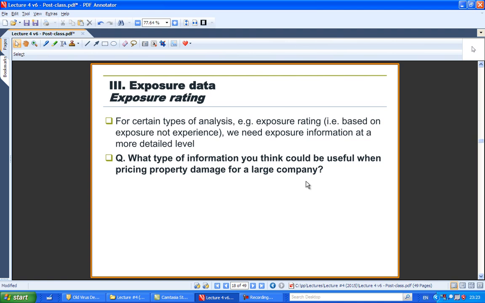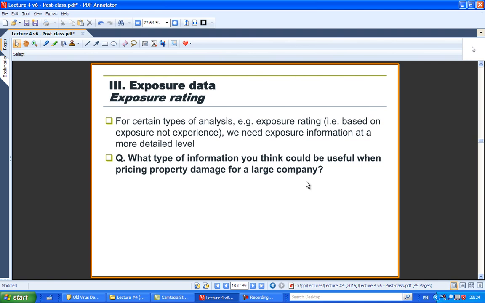That is rating based not on the claims experience of the client, but on general benchmark information that you find in the industry. And you have to resort to this type of pricing when you don't have enough information about the client, of course. And sometimes you want to look at both experience rating and exposure rating.